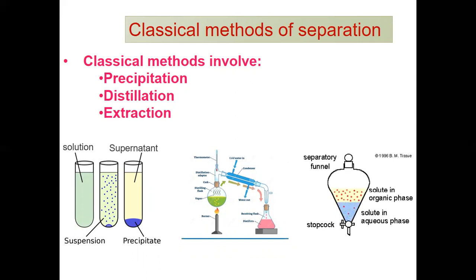Third one is extraction, commonly known as solvent extraction. This method is generally used by organic and analytical chemists. In this method, compounds are separated on the basis of their solubility in different solvents.